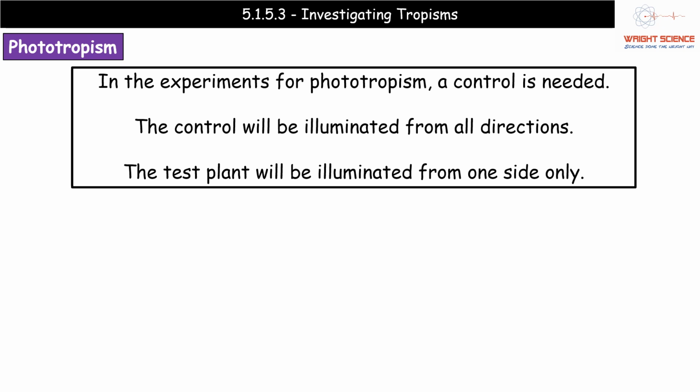Now, what we may well find here in terms of the experiments they could talk to us about in terms of the procedure, then a serial dilution might come in here. And this question does come up from time to time, and there's a couple of points that you should be mindful of. First of all, when you are talking about a serial dilution, then we need to make sure that we use the phrase distilled water.